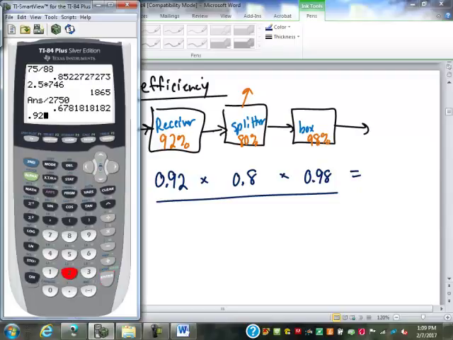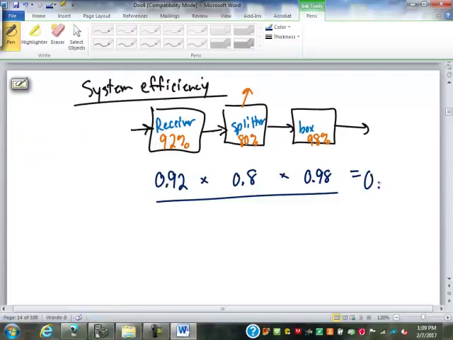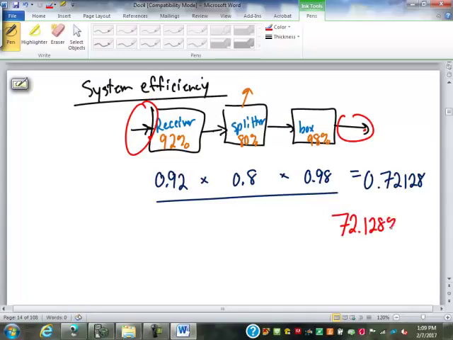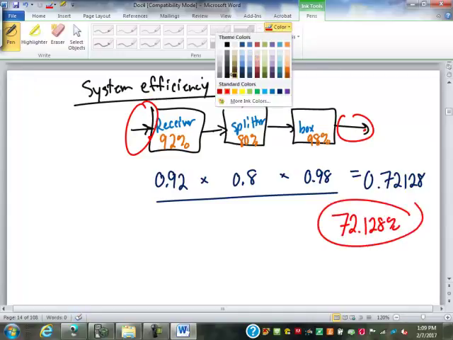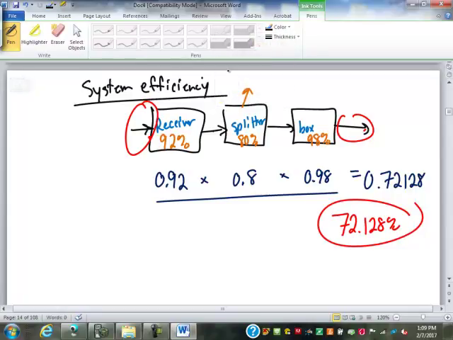So 0.92 times 0.8 times 0.98 gives us 0.72128. So the overall system efficiency from the signal at the receiver to what goes to your set is 72.128%. What do you think? Not terrible?